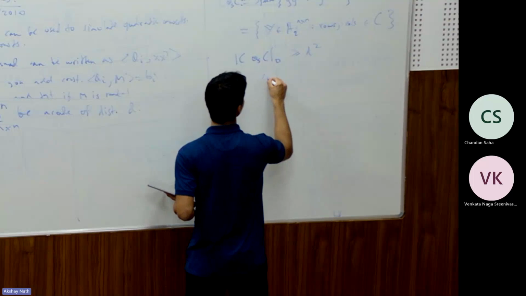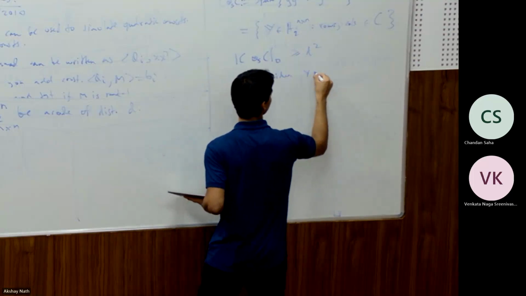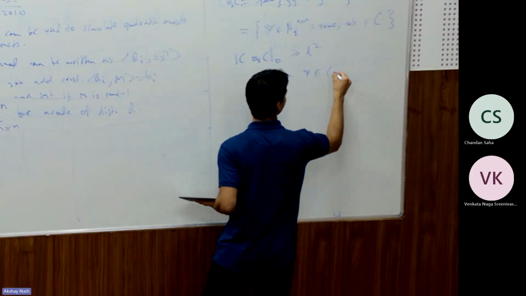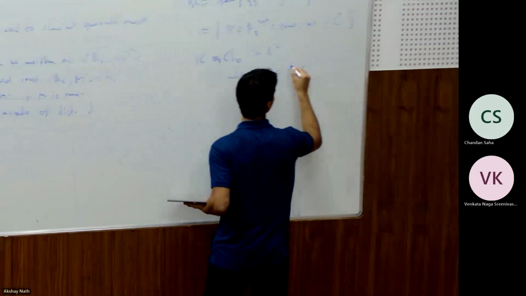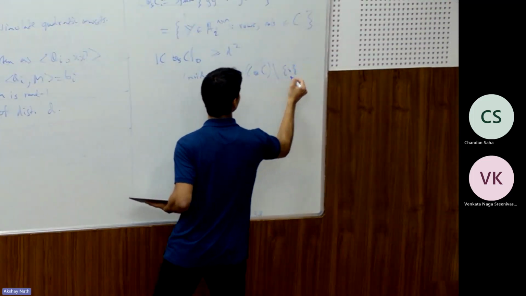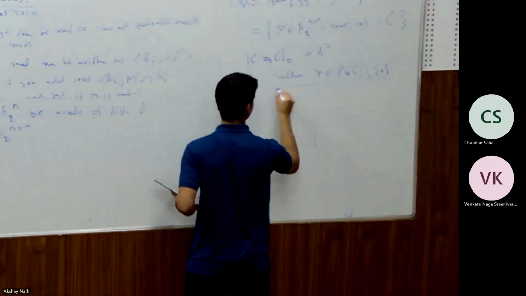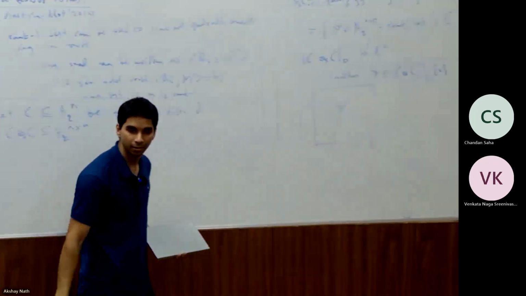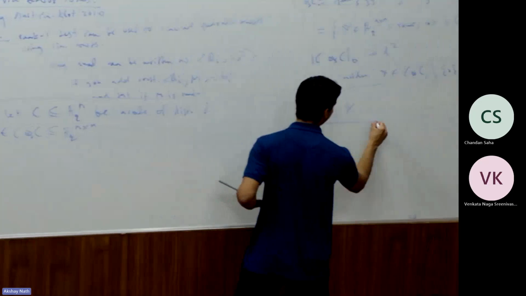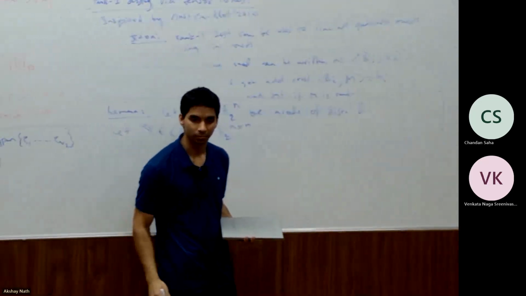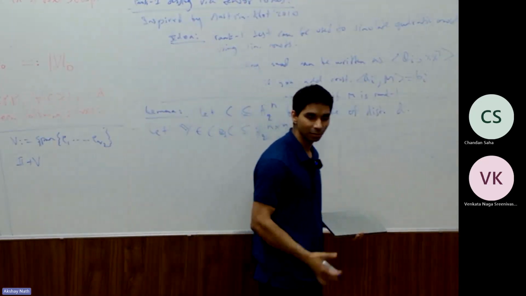Consider any non-zero Y inside C tensor C. Because it's non-zero, some row of Y must be non-zero, since some entry must be non-zero.